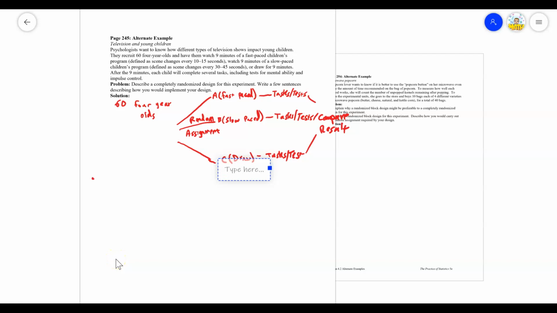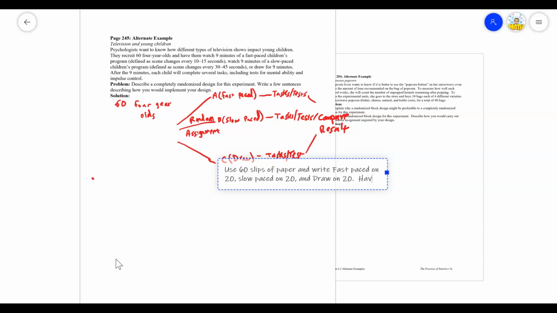Okay, so I'm going to write a few sentences here. I'm going to take 60 slips of paper. On 20 write fast-paced, on 20 slow-paced, and draw on 20.